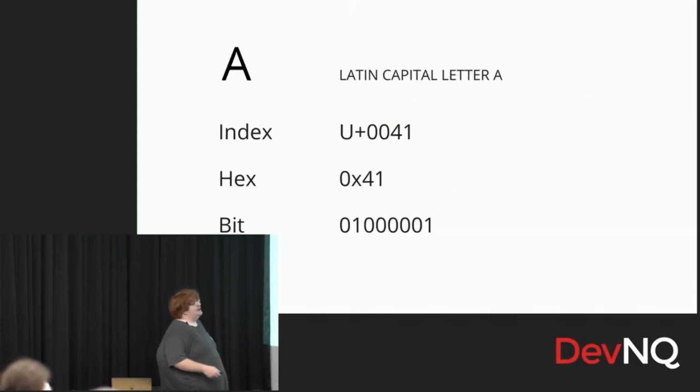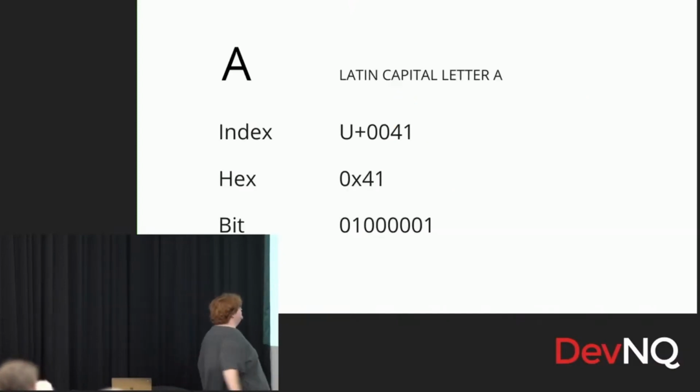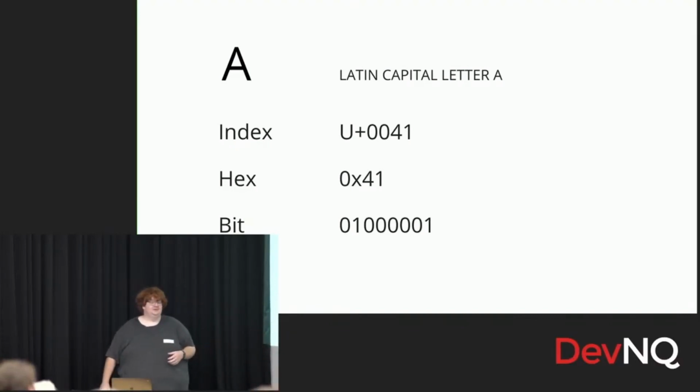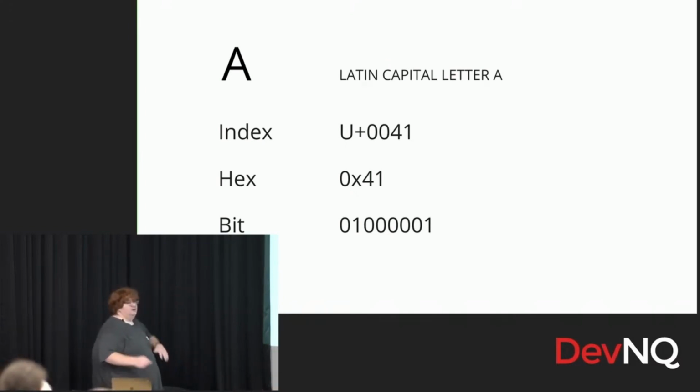Each of these characters has a set of properties, and that is how it's presented, how it looks, a description of what it is, an index, which is basically, as you'd expect, an index from 0 to however many characters there are of where this sits within the standard. And then every character has a couple of hex and binary or bit representations. And those binary and bit representations are the encodings of them. Here, this is the basic UTF-8 encoding, which coincidentally is backwards compatible with ASCII, if any of you learnt ASCII in university or school.